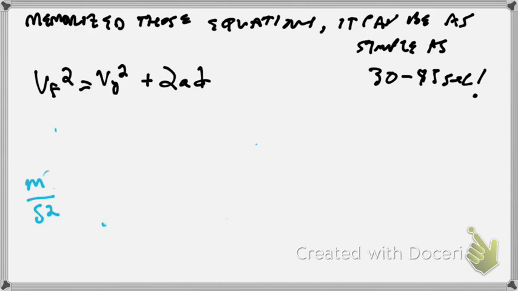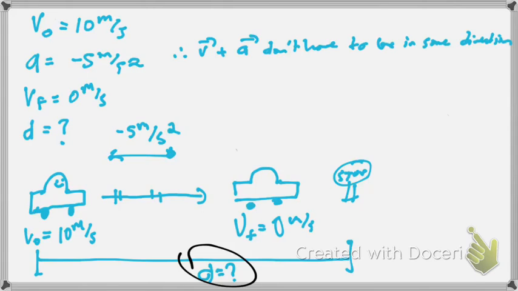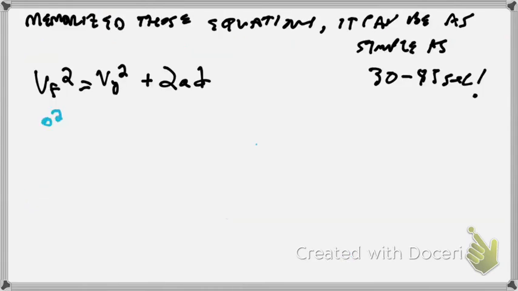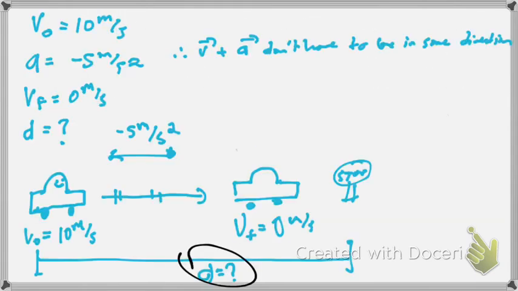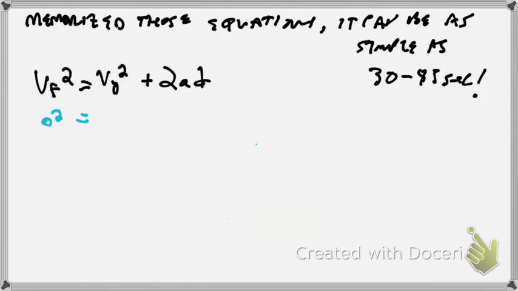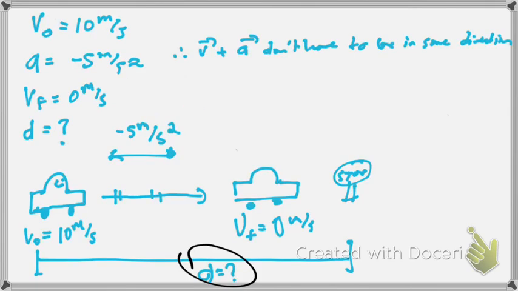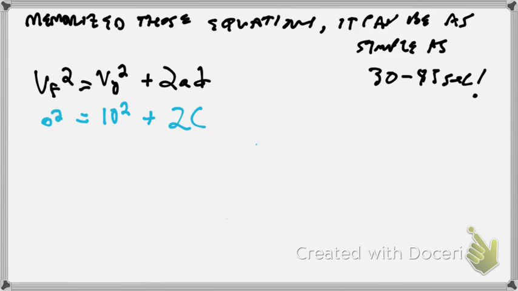So now let's go ahead and plug in all the values that we have. V final is 0. So 0 squared is equal to, what is V initial? V initial is 10 squared, right? And we have an acceleration that is negative, so negative 5, times d, and we're looking for d.